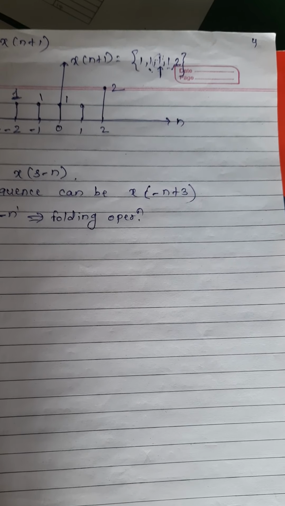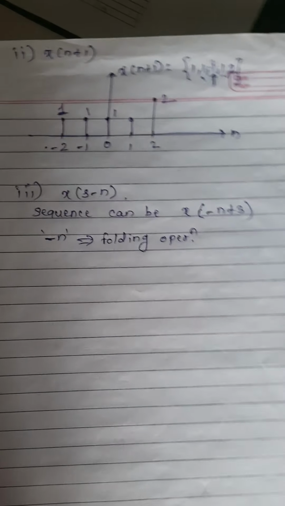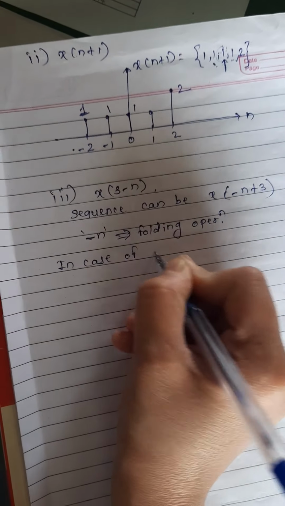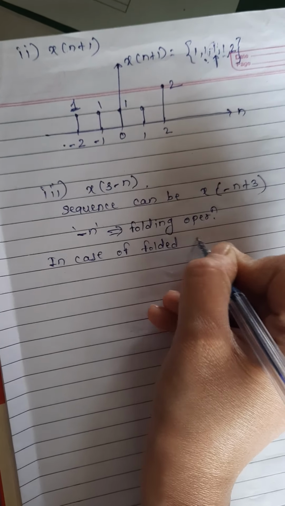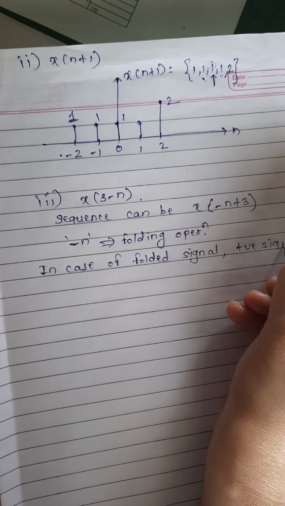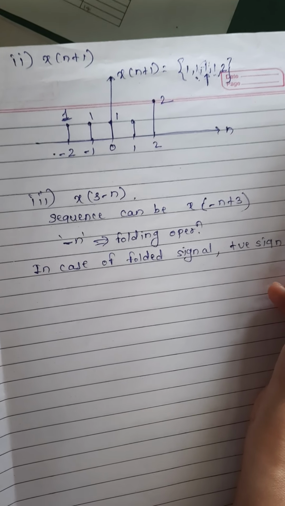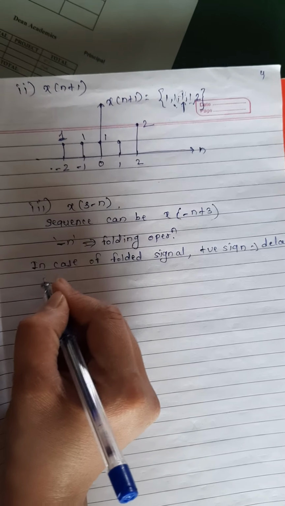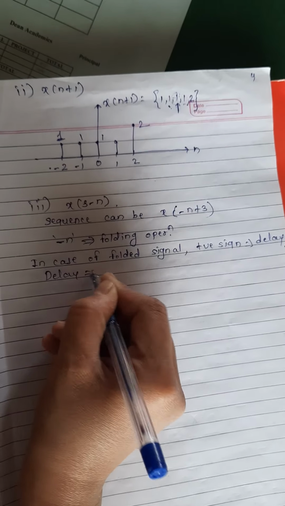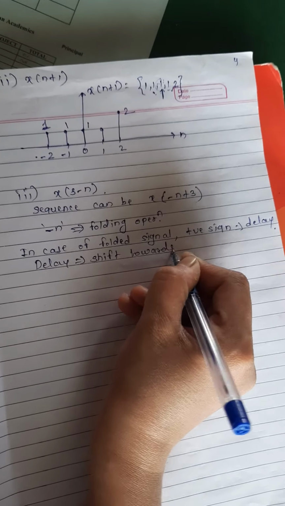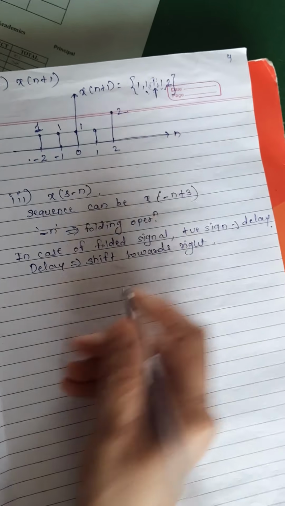In the case of a folded signal, a positive sign means delay operation, and delay means shift the diagram towards the right.